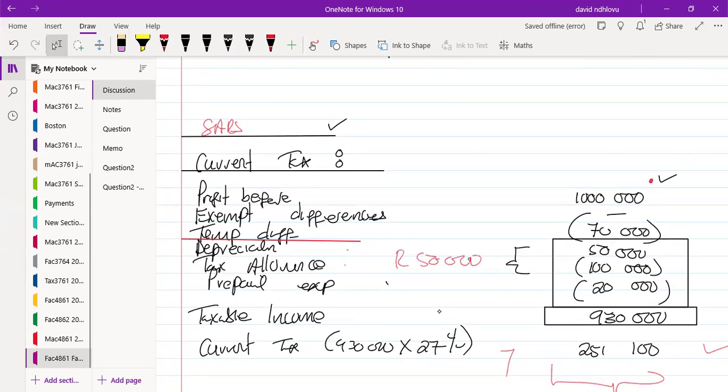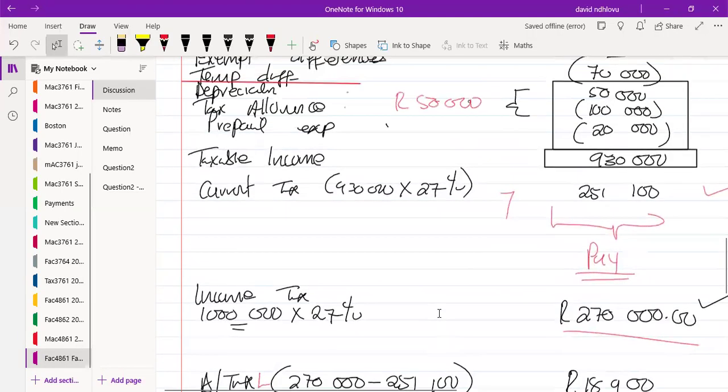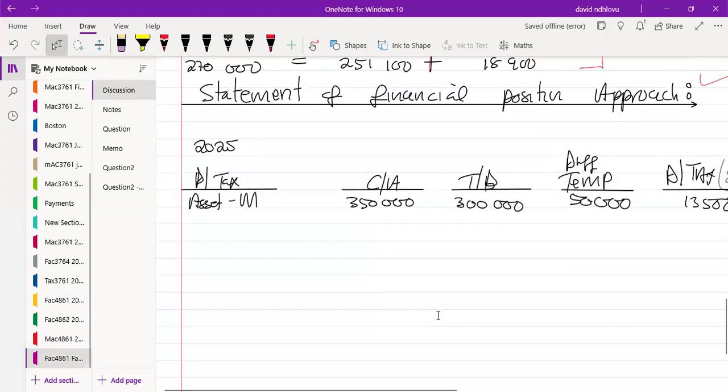So if we look at the carrying amount of the asset and the tax base of the asset, it should give us the same difference, 50,000. So the same impact that we calculated over there, we can still calculate it here. Are we on the same page, good people? Are we understanding it?